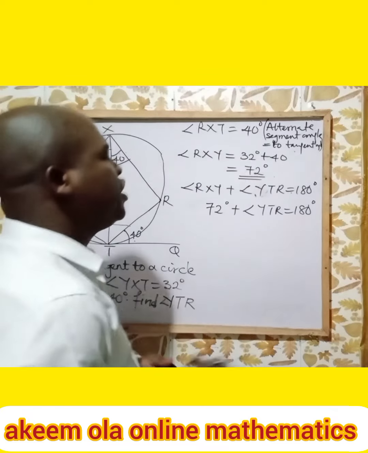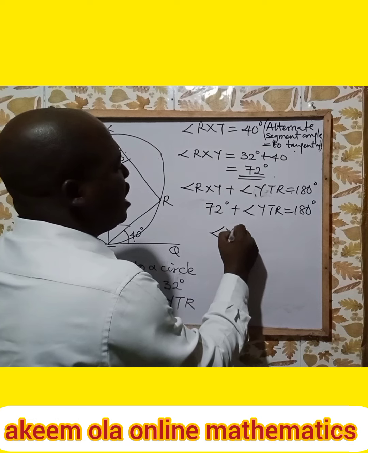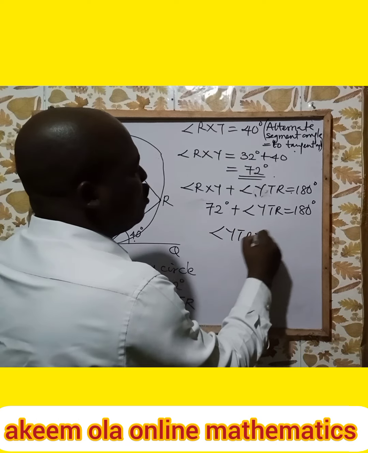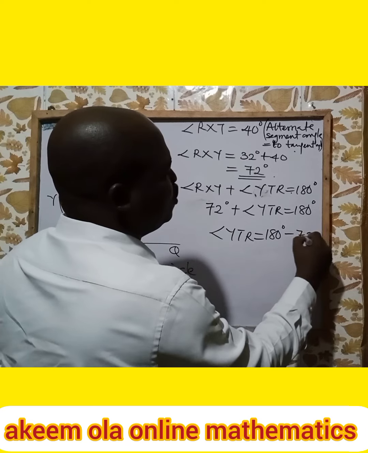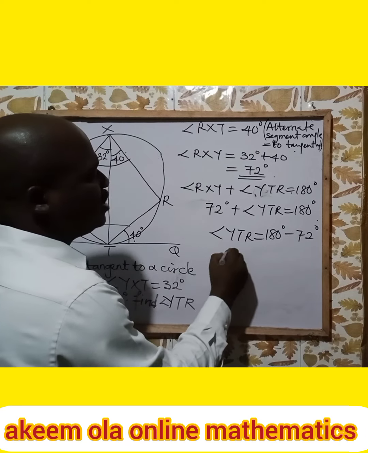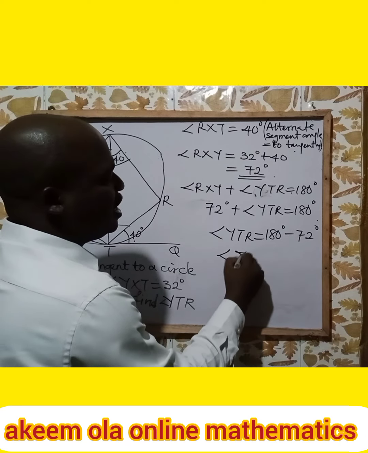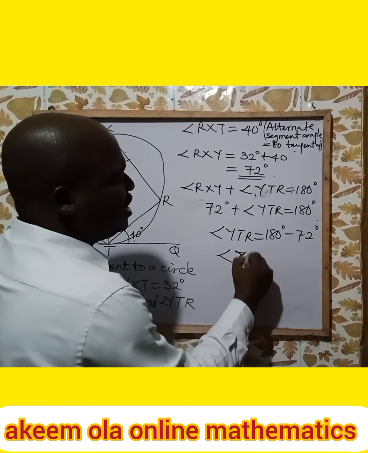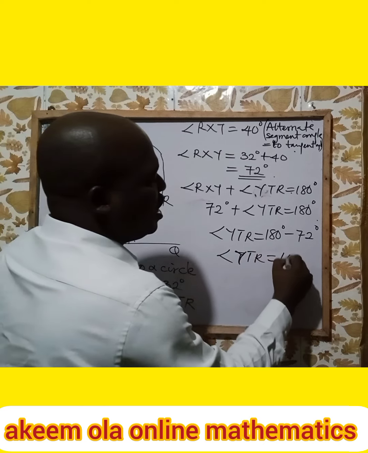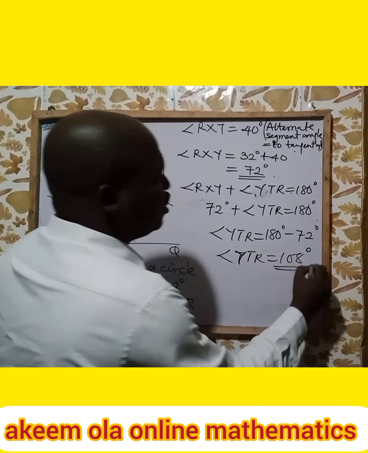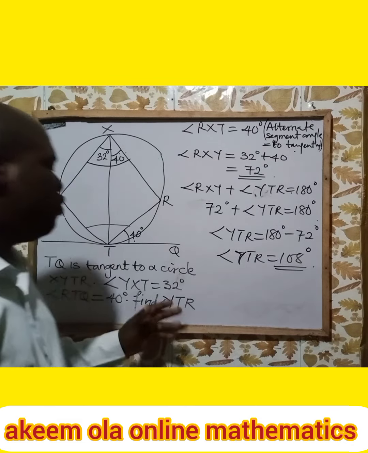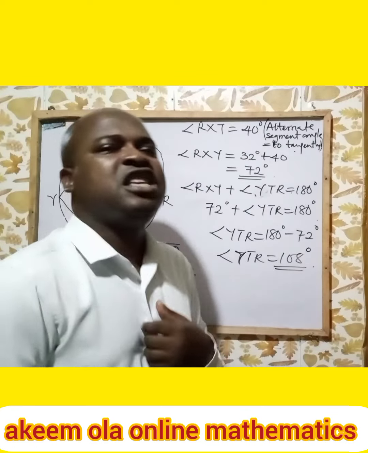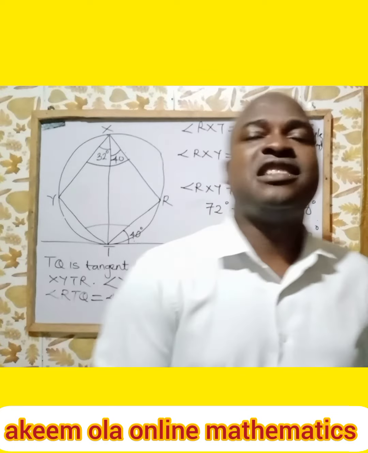Angle YTR will be equal to 180 degrees minus 72 degrees, and that will automatically give us 108 degrees. So therefore, the angle in question, angle YTR, is equal to 108 degrees.